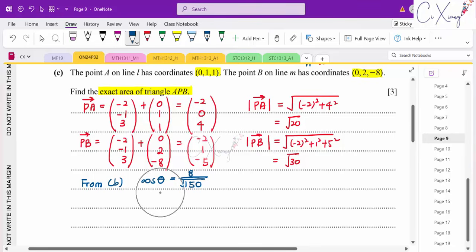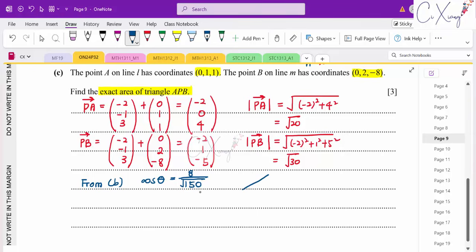Okay, so if cos theta equals 8 over square root of 150, what I want to do is draw a triangle for this angle here. So let's say this is theta. Cos means adjacent over hypotenuse, so adjacent is 8 and the hypotenuse is square root 150. So what's the length for this side? By using the Pythagoras theorem, it is the square root of 150 minus 8 squared, so you square root the whole thing.